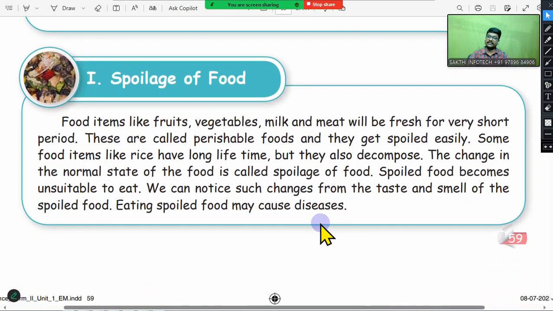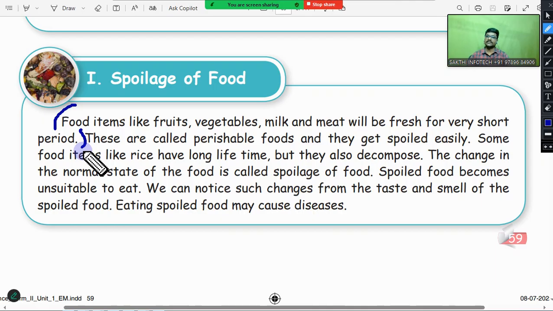Okay, next paragraph. Spoilage of food. Food items like fruits, vegetables, milk, and meat will be fresh for a very short period.